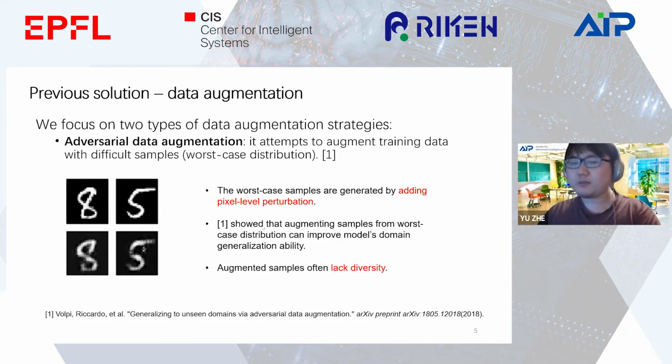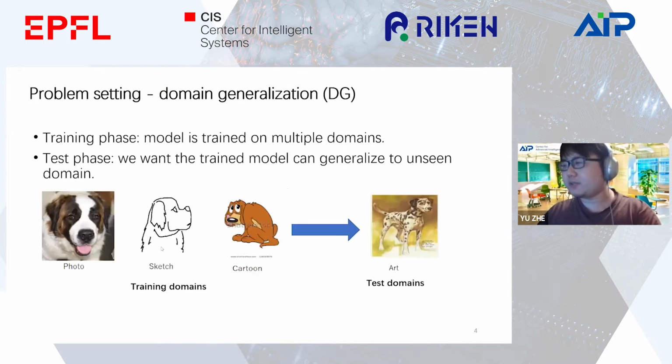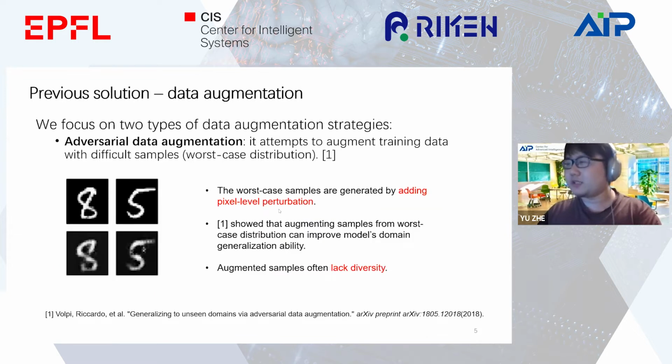Paper 1 shows that augmenting samples from the worst-case distributions can improve a model's domain generalization ability. However, as the example shows, when we consider domain generalization, the differences between domains are very large. Using a pixel-level adversarial attack, we can only obtain samples with similar semantics and similar styles, as the latter figure shows.